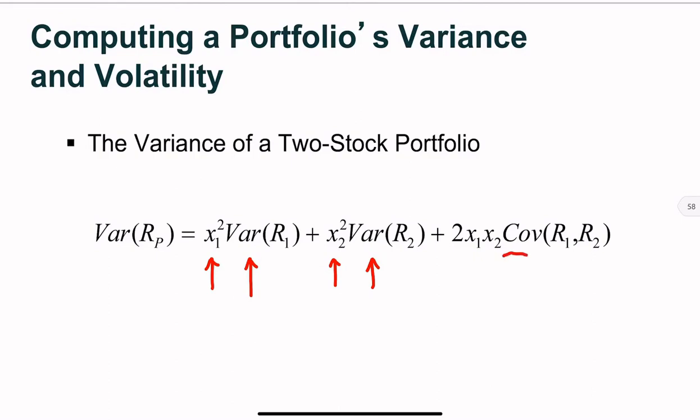A lot of times, the problem will not directly tell you the covariance between two stocks. Instead, it will just tell you the correlation. Again, covariance should be calculated as the correlation of R1 and R2 times standard deviation 1 times standard deviation 2.